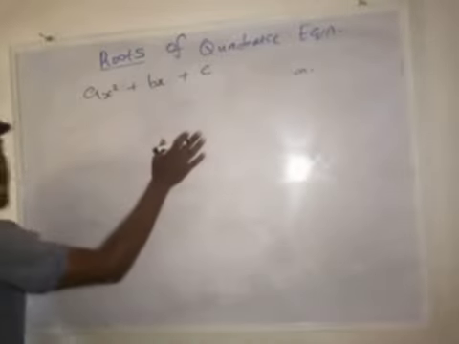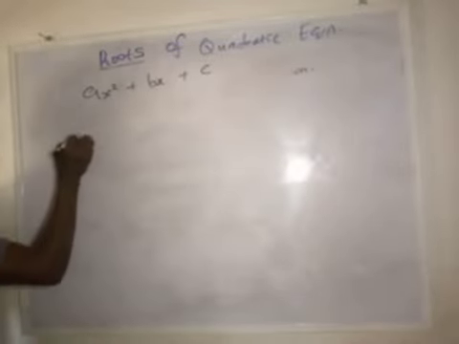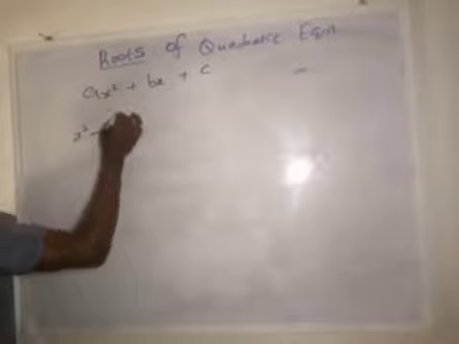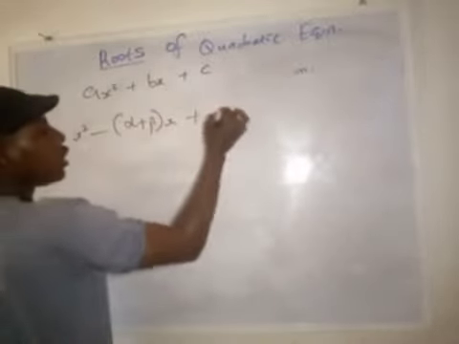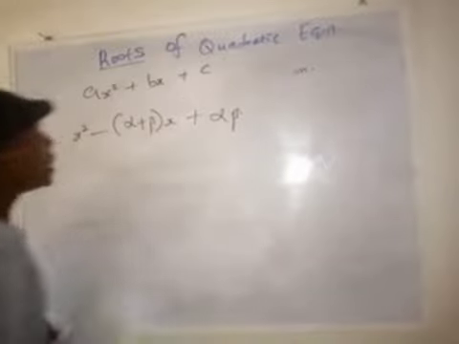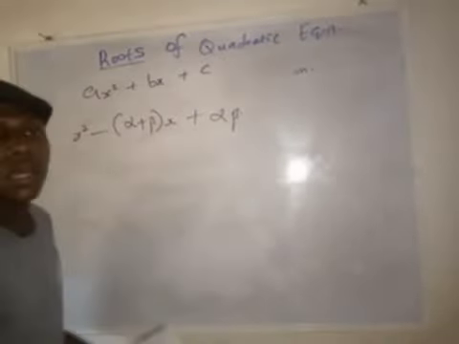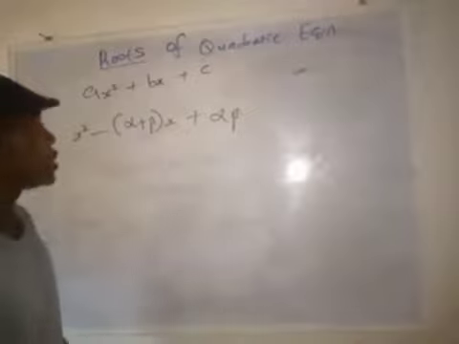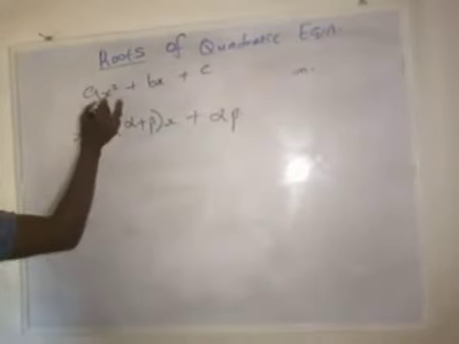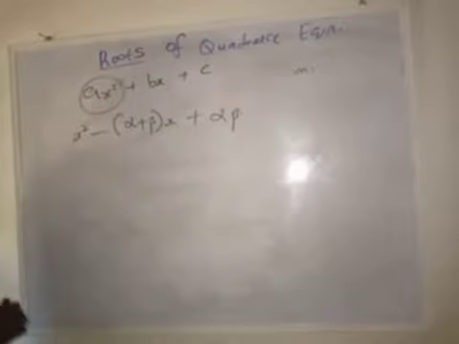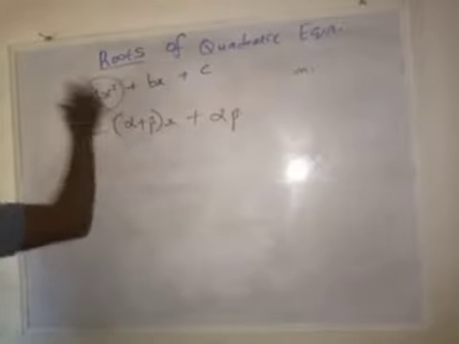Since our quadratic equation can also be written in the form x squared minus (alpha plus beta)x plus alpha beta, in which alpha and beta are the roots of the quadratic equation, if I want to compare with this, I need to make the x squared coefficient single by dividing throughout by a.